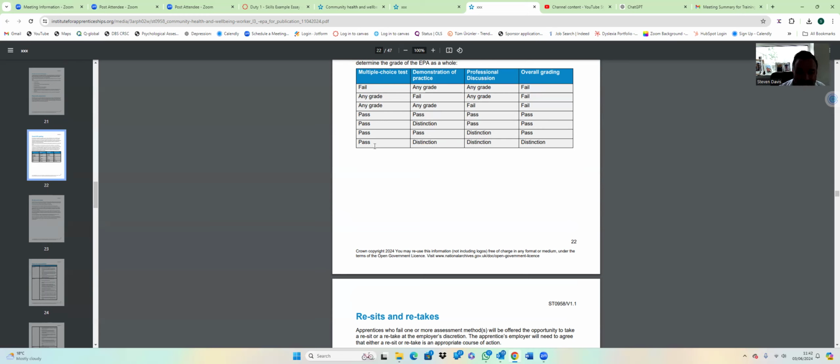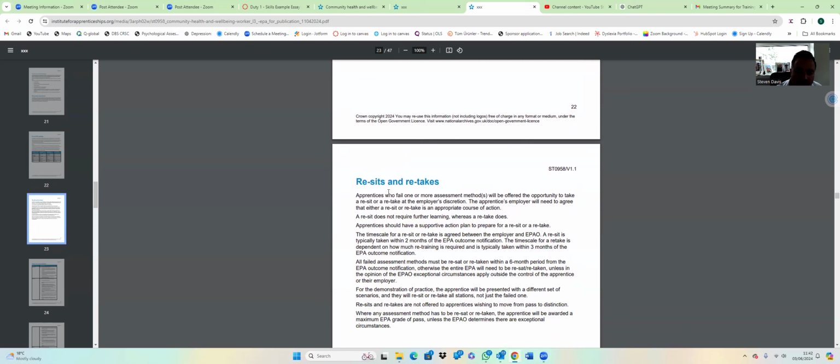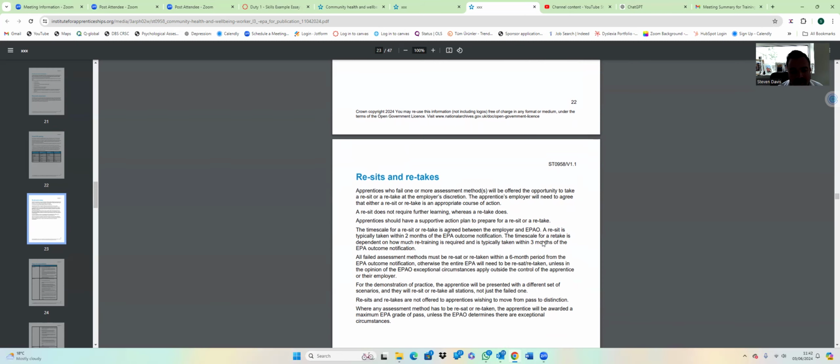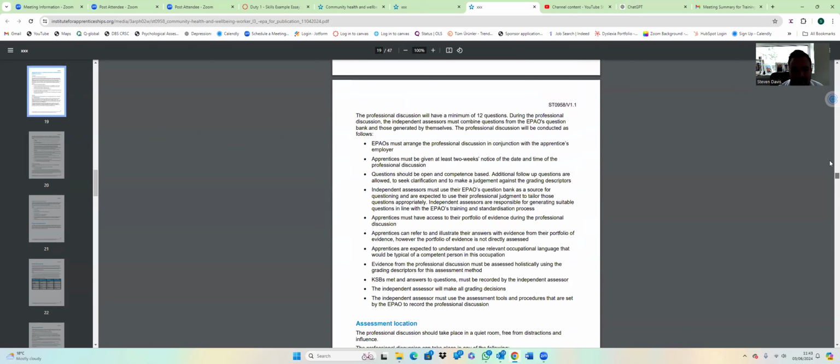To get a distinction, you must get a distinction in both the practical and the professional discussion. If you only get it in one or the other, you'll only get a pass. And if you fail any part, then you fail. Okay, so it's really important that you do that. And again, yes, you can have a retake, typically within 3 months. We need to make sure that you've been upskilled and you're ready to pass the tests.